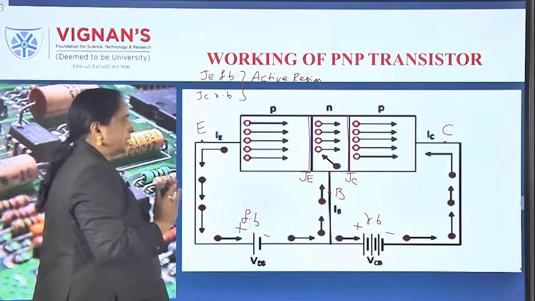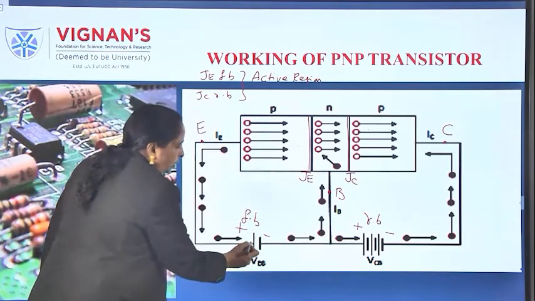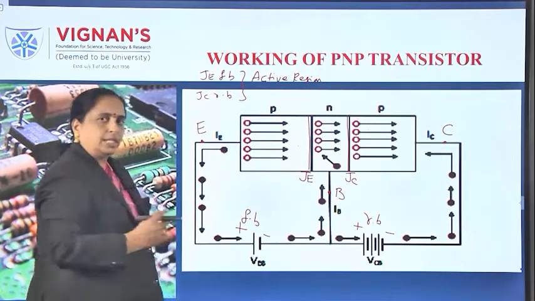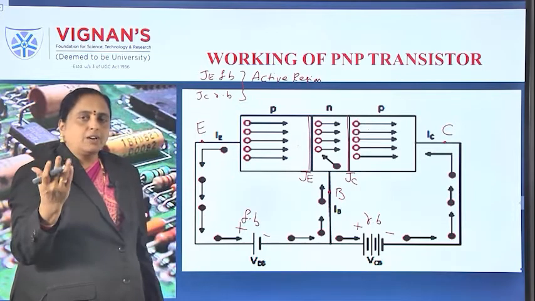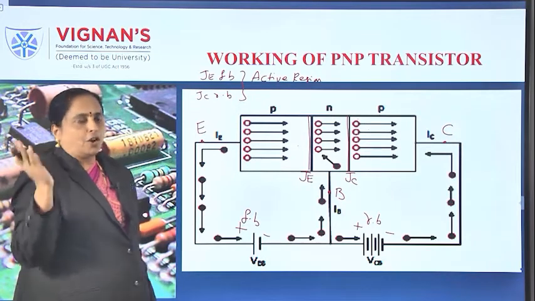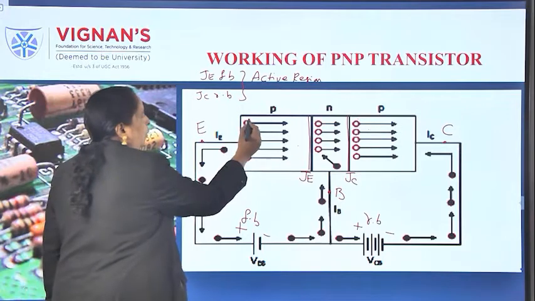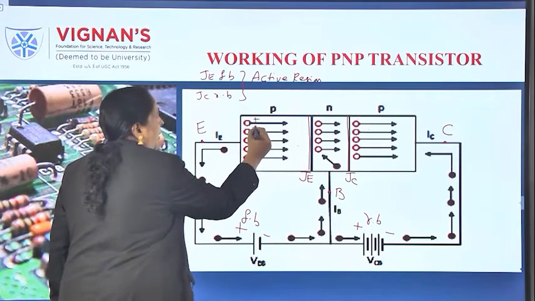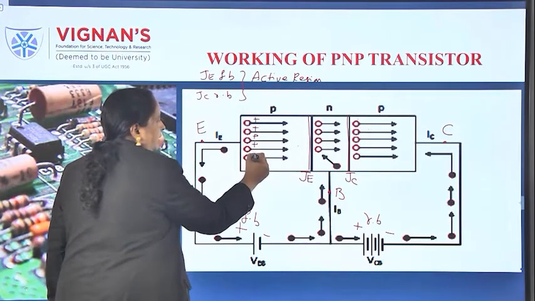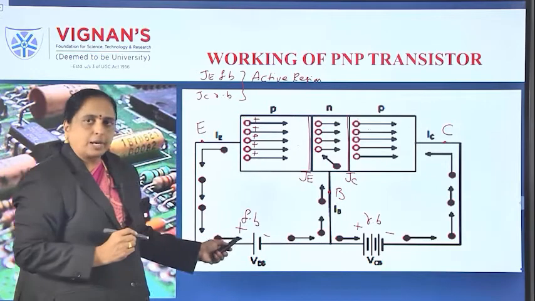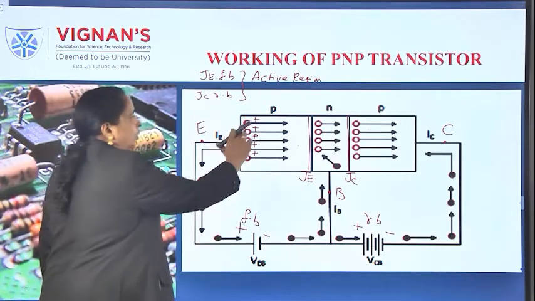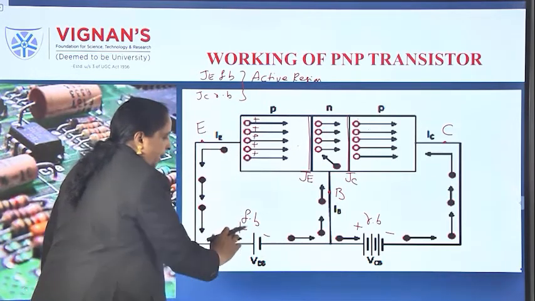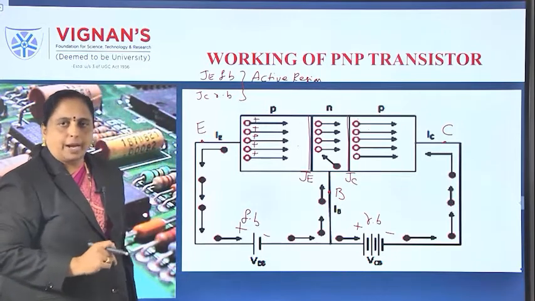Now let us see. Due to this forward bias condition, it is similar to the working of a PN junction diode in forward bias. These are the holes, which are positive charge carriers, and this is the positive terminal of the battery. So each hole is repelled by the positive terminal of the battery.